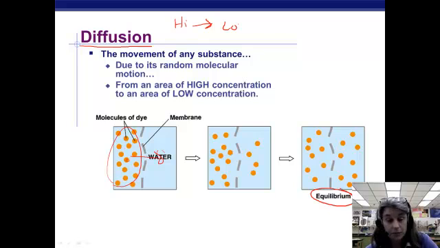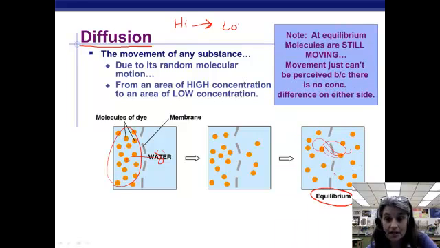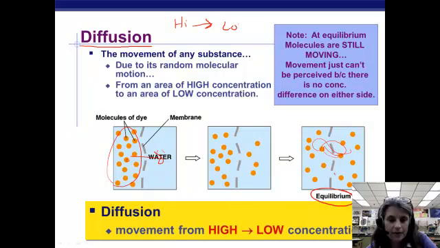Of course, these molecules will continue to move. It's just that the cell, nor you and I, would be able to discern a difference, because the molecules are still randomly moving, but there's no greater amount on one side than the other, so we're not really going to be able to perceive a difference from one side to the other anymore. Okay? So that's equilibrium.